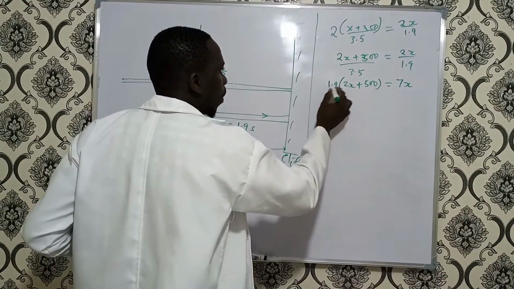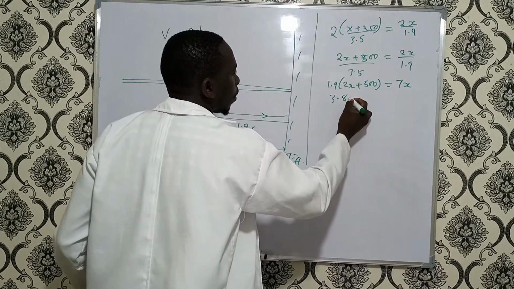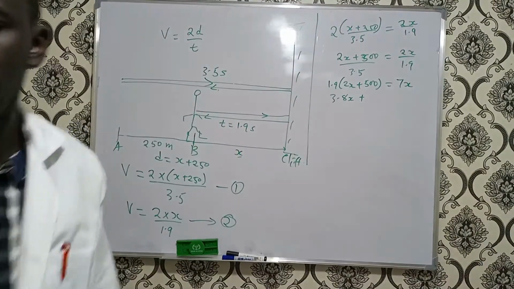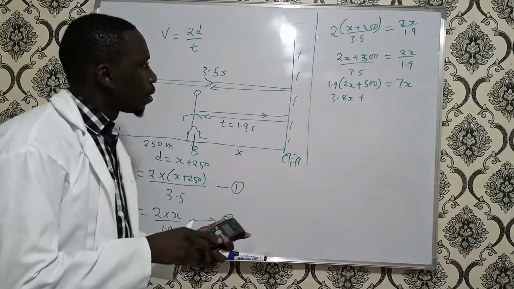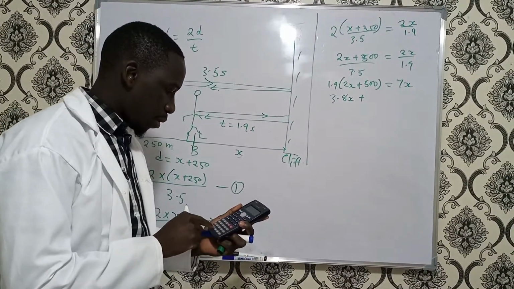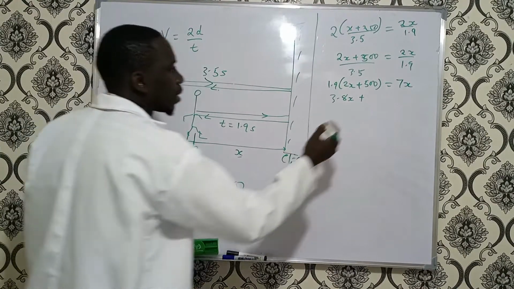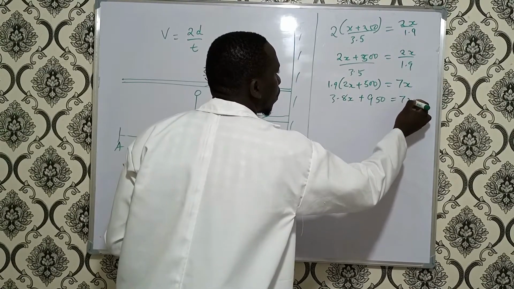So 1.9 times 2x, that will be 3.8x plus, let me confirm, I have a calculator here. So 1.9 times 500, that is 950, which is equal to 7x.